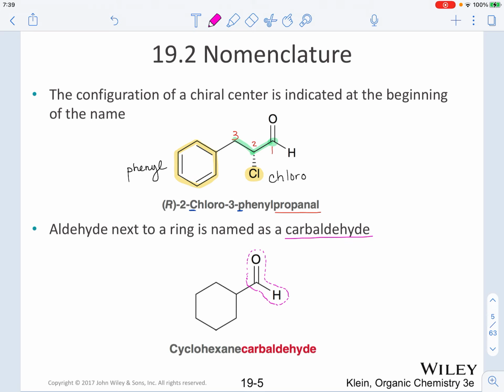So when we're naming it, the last word is going to be carbaldehyde, and then the cyclic system that is attached to our carbaldehyde, that's the name that we're going to put as the prefix of the word carbaldehyde.